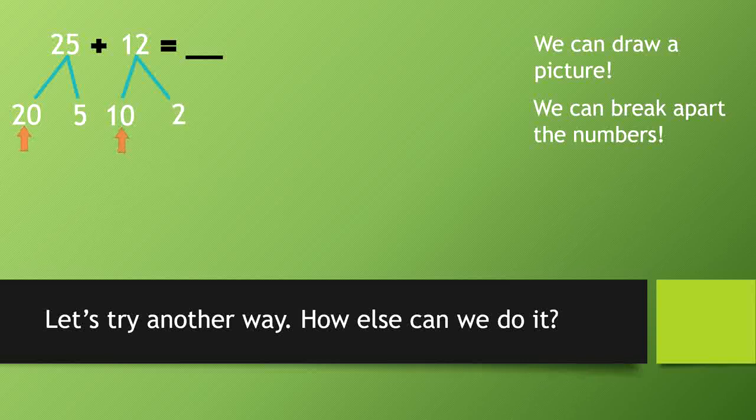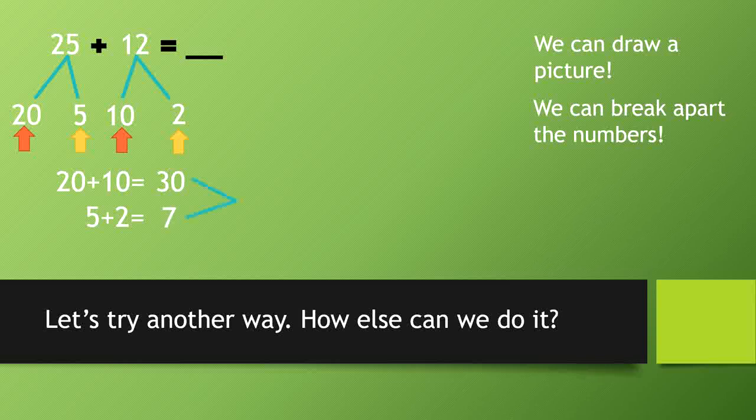Let's combine our tens first. 20 plus 10 equals 30. Next, let's combine our ones. 5 plus 2 equals 7.